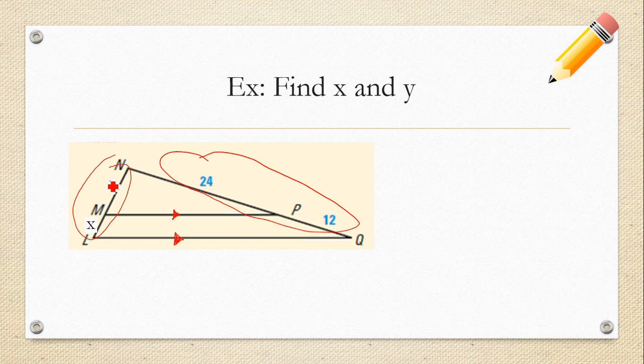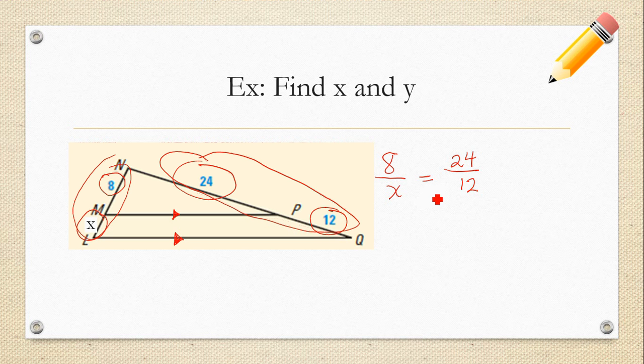So that means if we were to make a ratio, we could compare this 8, the larger of the pieces on the left, with the smaller x piece on the left, just like the 24 piece on the right compares with the 12 piece on the right.